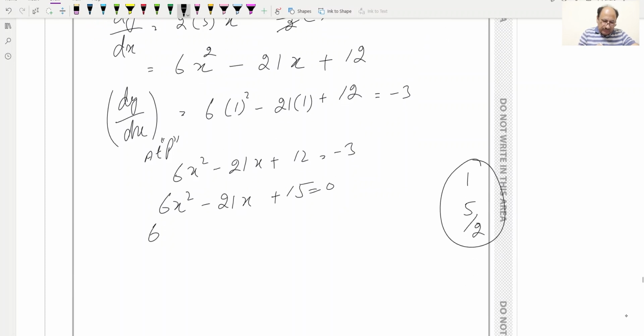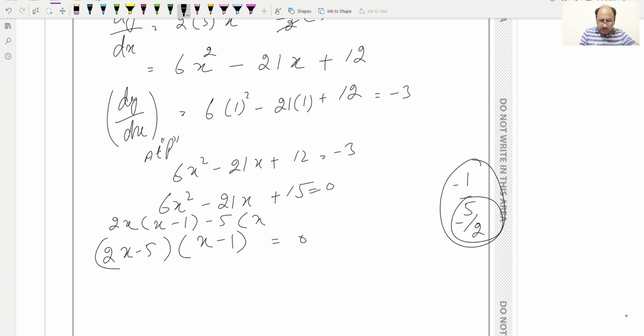I'm using first this point, changing sign, so 2x minus 5, and the other one will be x minus 1 is equal to 0, and the intermediate step we can write 2x and x minus 1 minus 5 into x minus 1 is equal to 0.